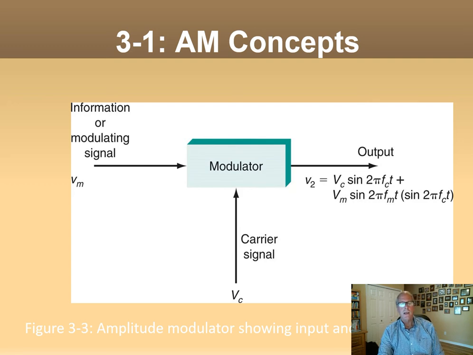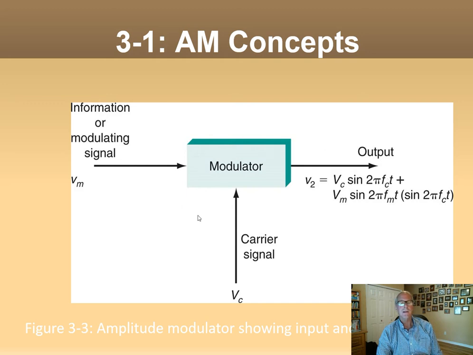Here's a little block diagram. We have our modulation signal coming in here. Here's the modulator, which we're going to build in the lab. Carrier signal. And this modulator results in this equation here. This equation is VC sine 2 pi FC T plus VM sine 2 pi FM T times the quantity sine 2 pi FC T. So the carrier signal is VC sine 2 pi FC T, right? That's just a simple sine wave, which has a peak value of VC and a frequency of FC, okay?